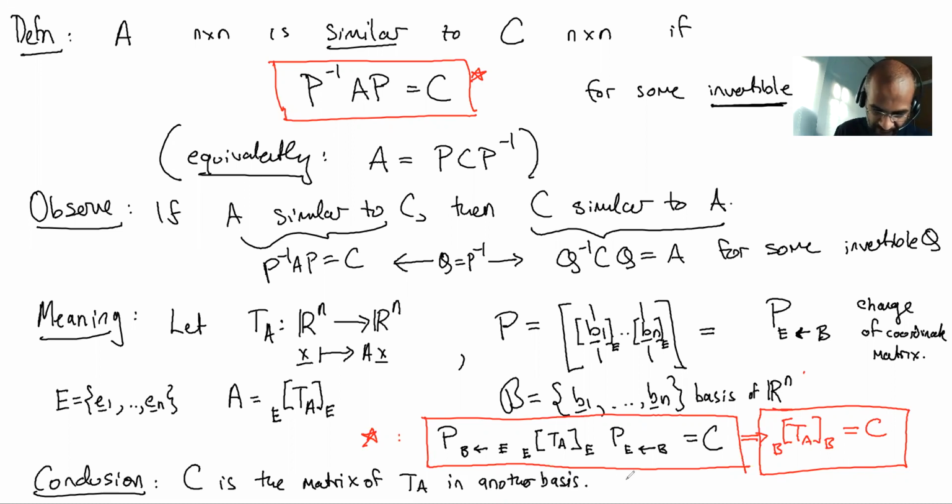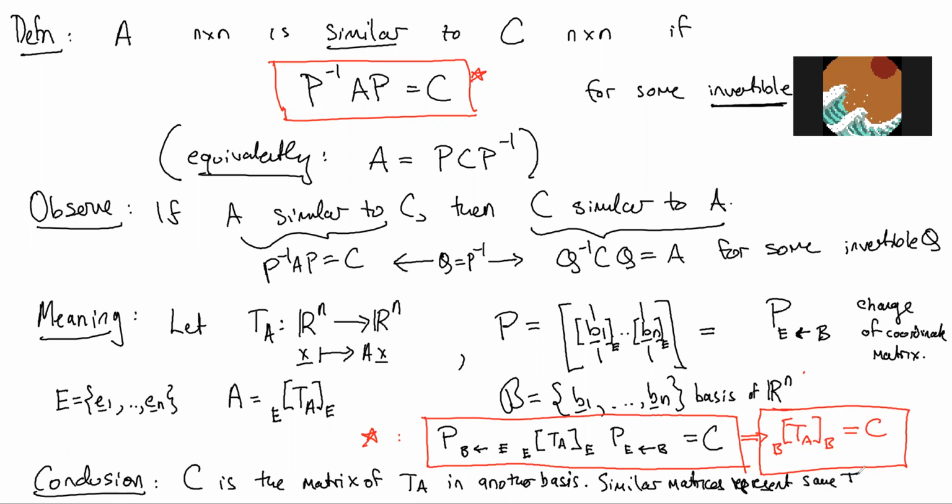And so that means similar matrices represent the same linear transformation in different bases. Okay, so that's the meaning of similarity. This equation actually has a nice meaning. It's just saying that C represents the same linear transformation in a different basis, and that different basis is given by the columns of this P.